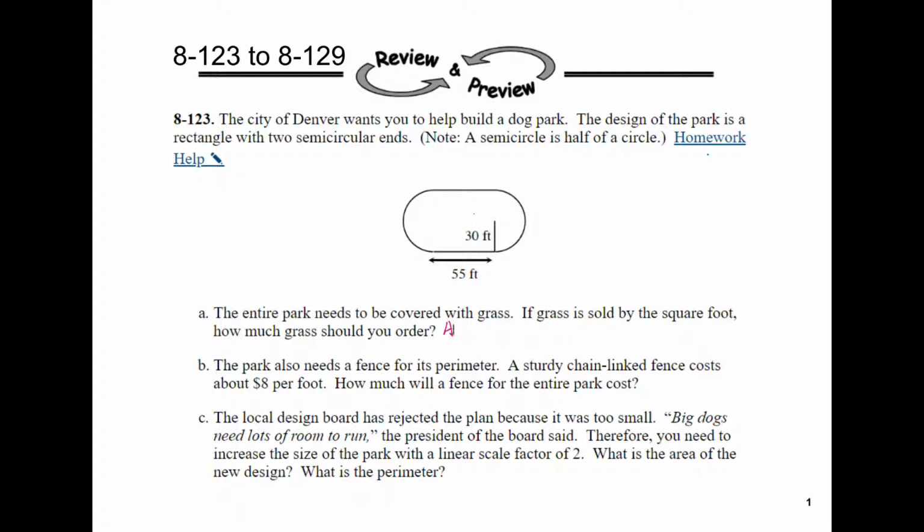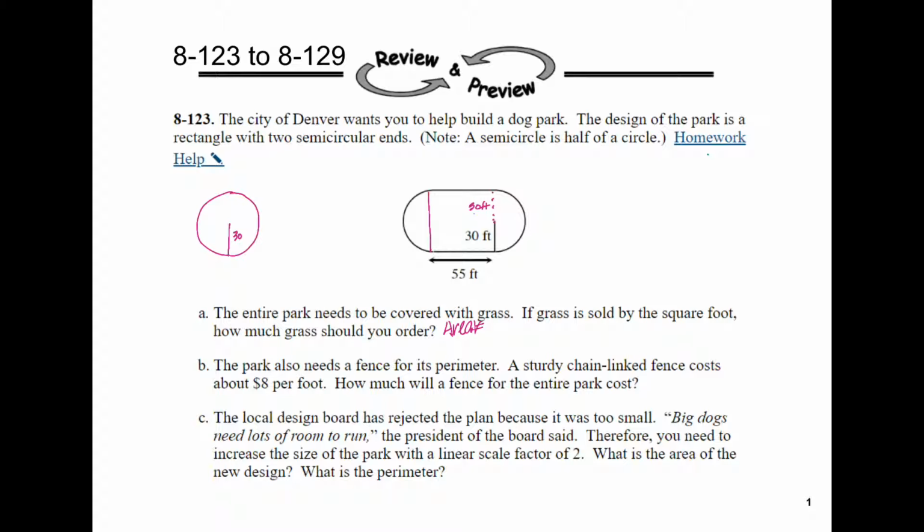So this means we want to find the area of our park. We know that we are working with two semicircles which create an entire circle. They told us that the radius is 30 feet, and they told us that the length of our rectangle is 55 feet. So we know that this little piece here is also 30 feet.